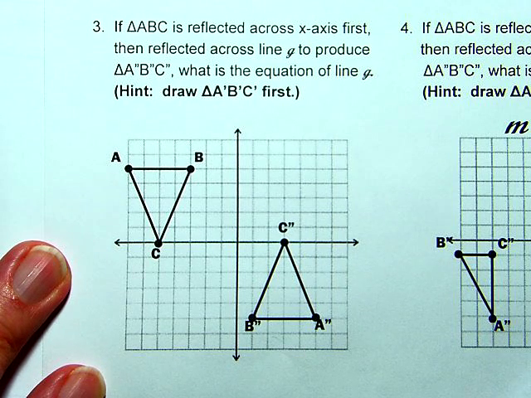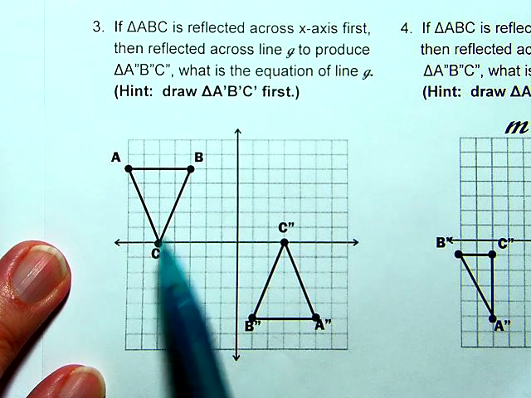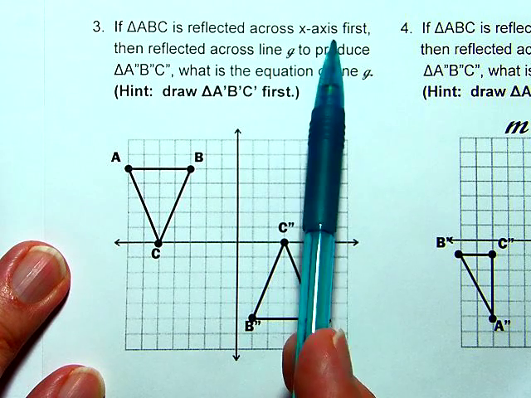Okay, so what's going on here is that this triangle is being reflected first across the x-axis.